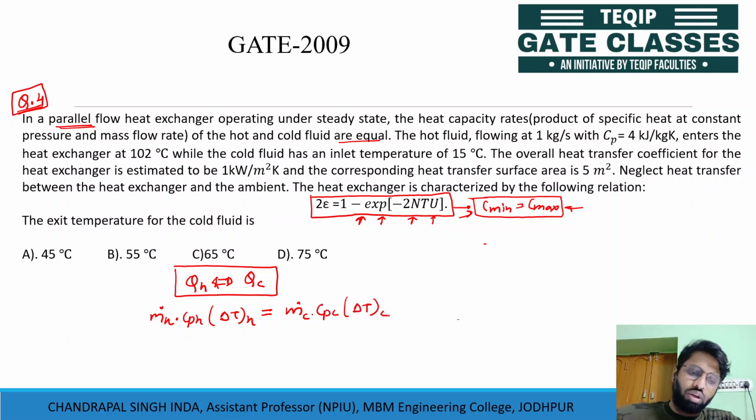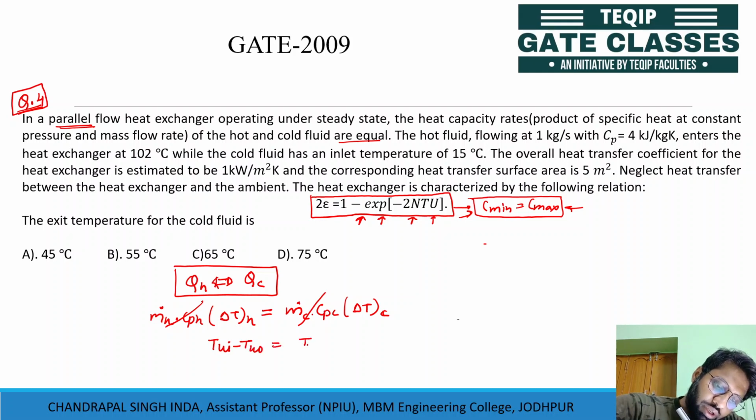These terms cancel out, and we have delta T hot, that is T hot inlet minus T hot outlet, equal to T cold outlet minus T cold inlet.